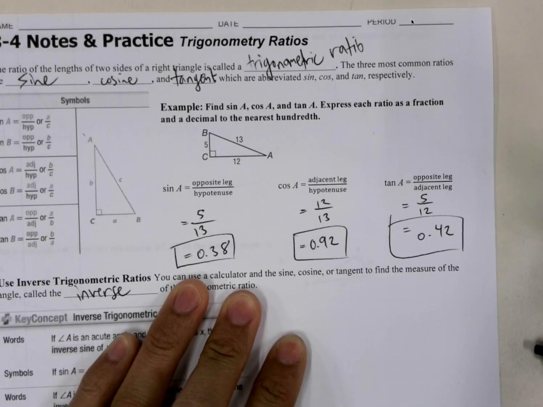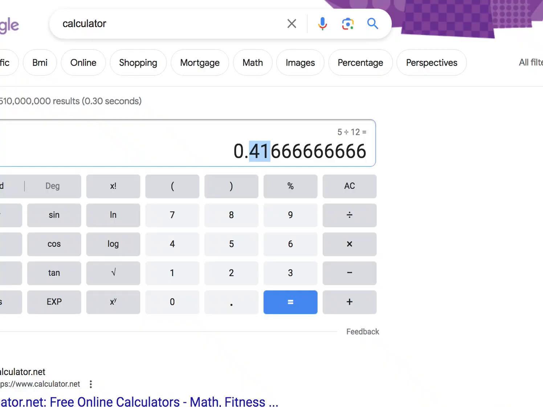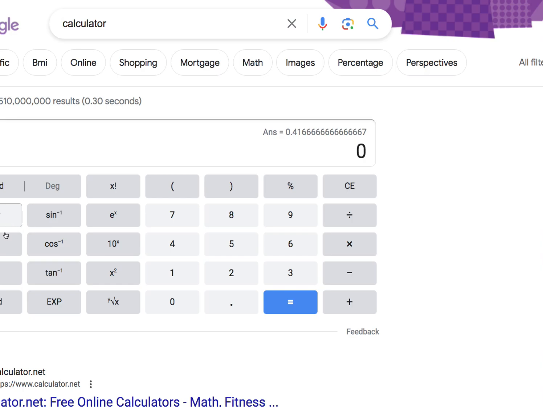So let's do inverse of the sine A. So we'll come over to our calculator. The inverse button is right here, right? So do inverse of sine. Oh, I guess we need to put it down first. So let's do 0.38, inverse sine. Okay. Inverse sine of 0.38.